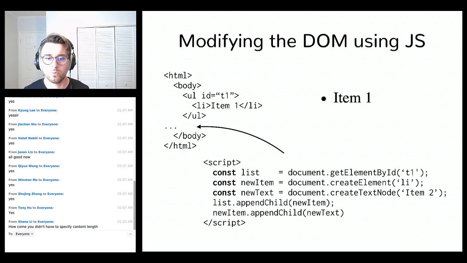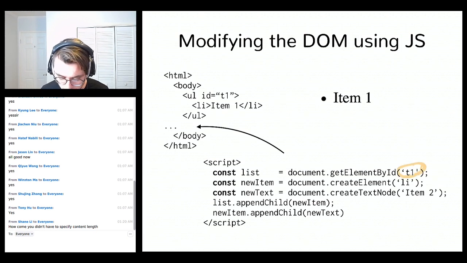So one thing it can do is use the DOM to get an element. In this case, it can get element T1. What's T1? Well, if we look at the actual HTML, it's this UL element whose ID is T1. So this is our list.